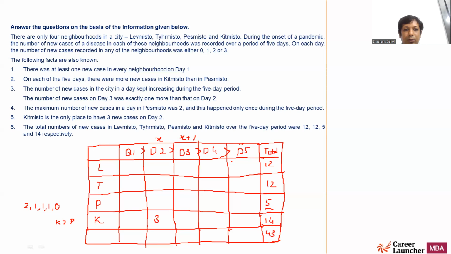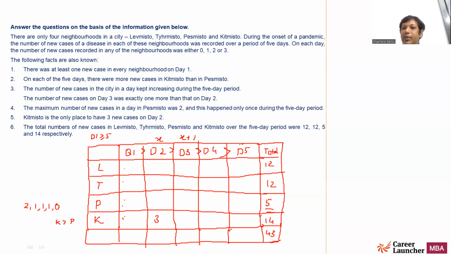Now, I know on the first day there was at least one case, so 1, 1, 1, 2. So the minimum value of day 1 should be 5. On day 1 the total number of cases is going to be greater than or equal to 5, because this is 1, this is 1, this is 1, and K has to be greater than P, so it can be a minimum of 2.